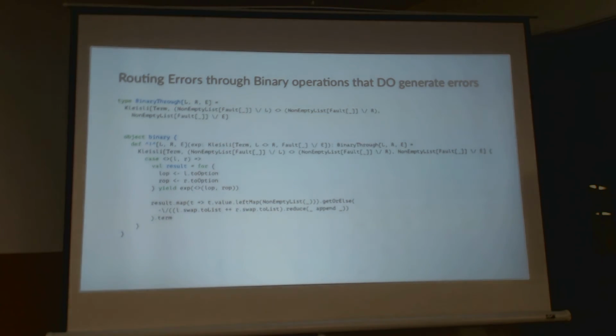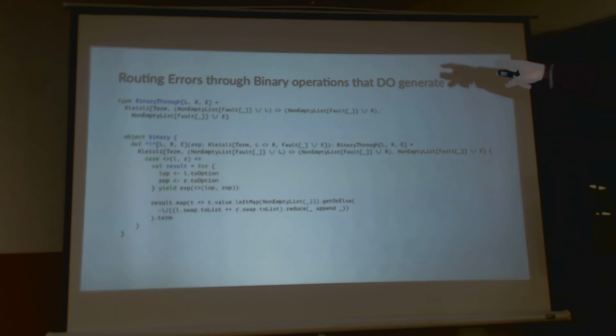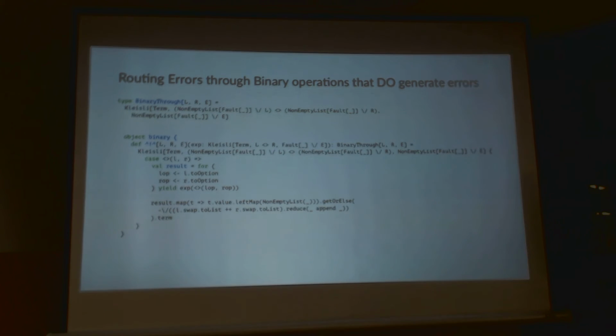Here, once again, we're using a diamond operator. If I didn't define a diamond operator, this would be a lot harder to read. So you have non-empty list of faults or left value, diamond, non-empty list of faults or right value. These operate two operands into the function, and the result is a non-empty list of faults or the result. So that's our binary through.